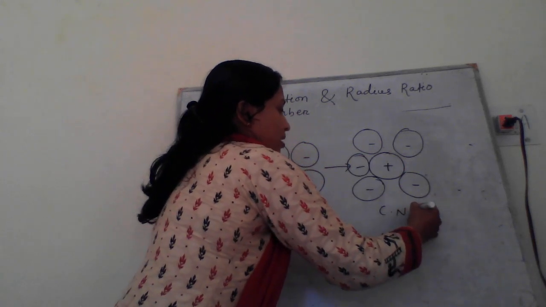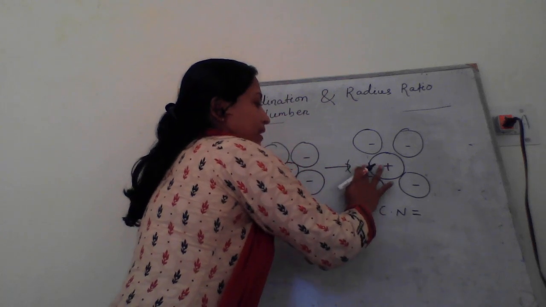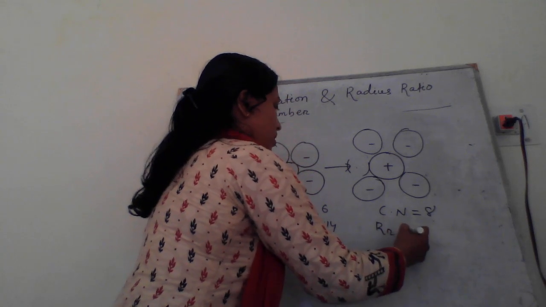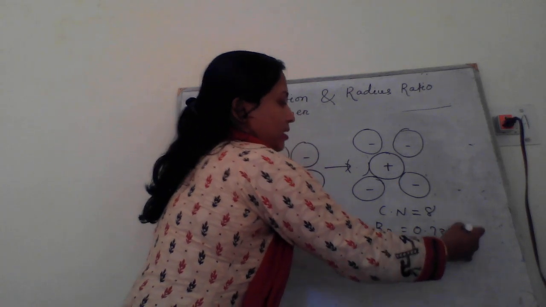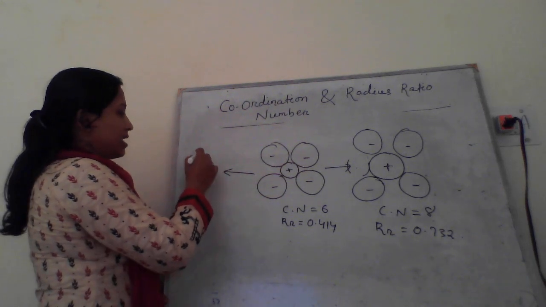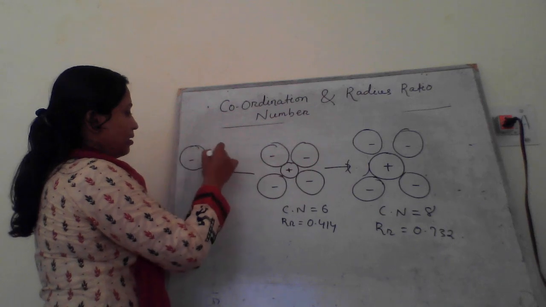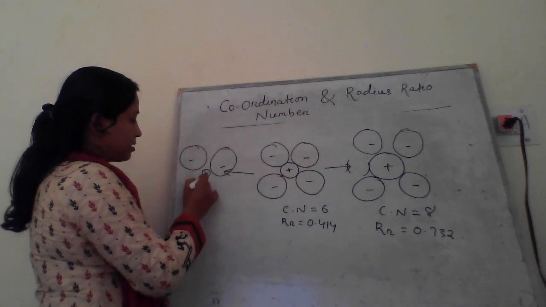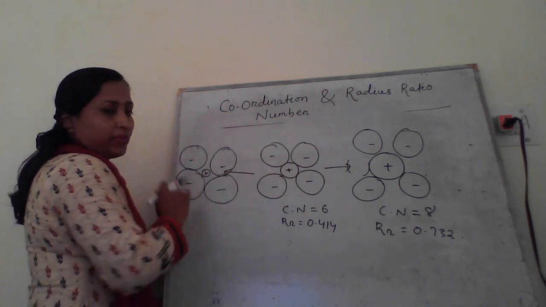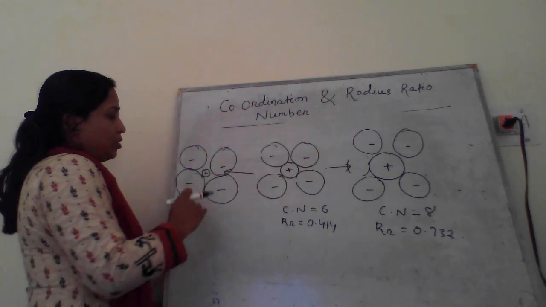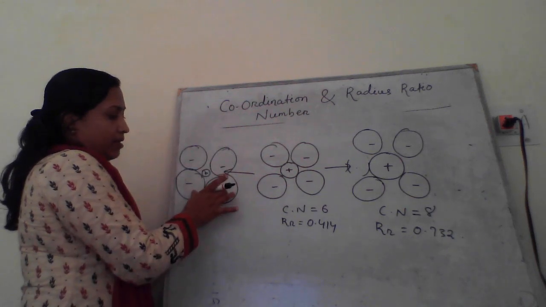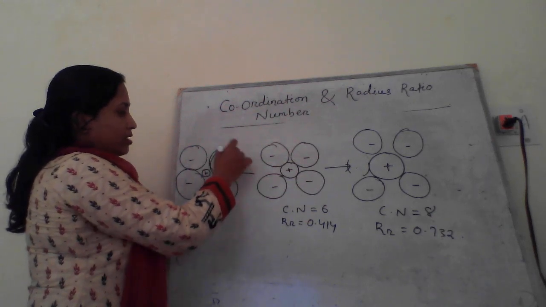So the coordination number also increases, from 6 to 8, and the radius ratio becomes 0.732. And if the size of the cation decreases, then the anions come closer to each other, so the stability decreases.